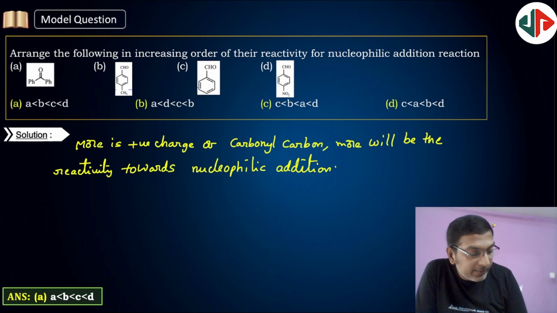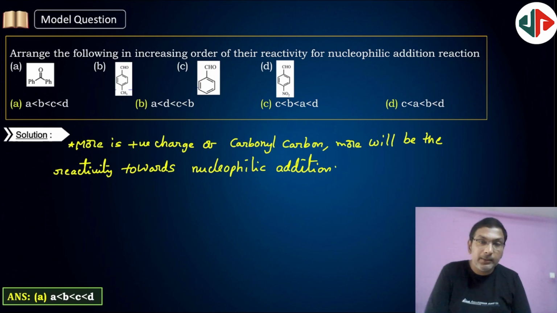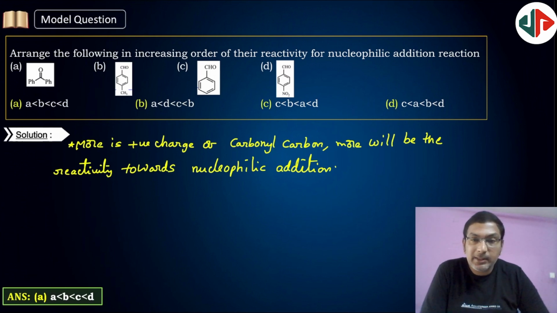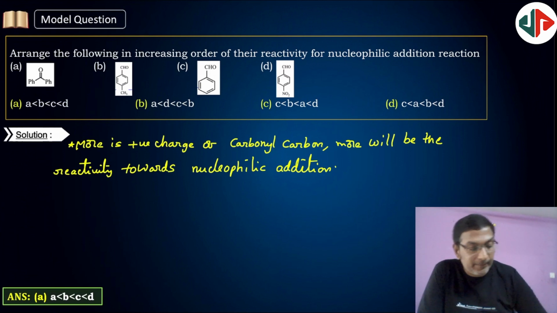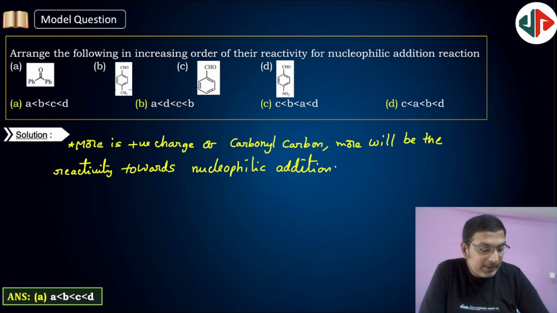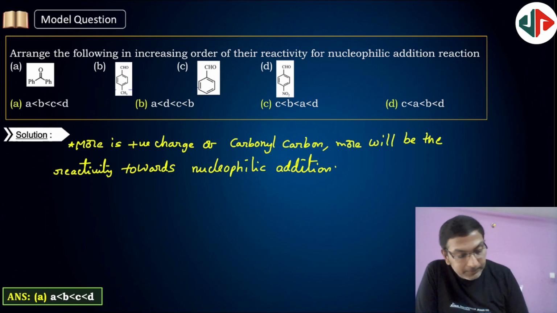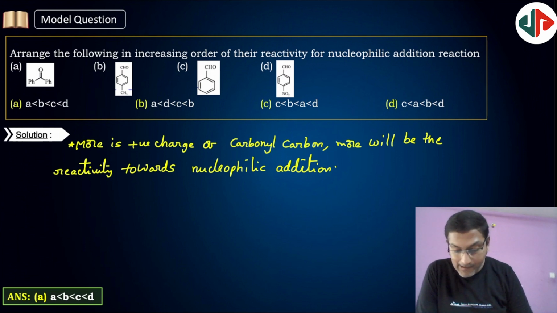Very, very important. More positive charge on carbonyl carbon is possible when it is attached to an electron withdrawing group. Therefore, the fourth option should be first here.